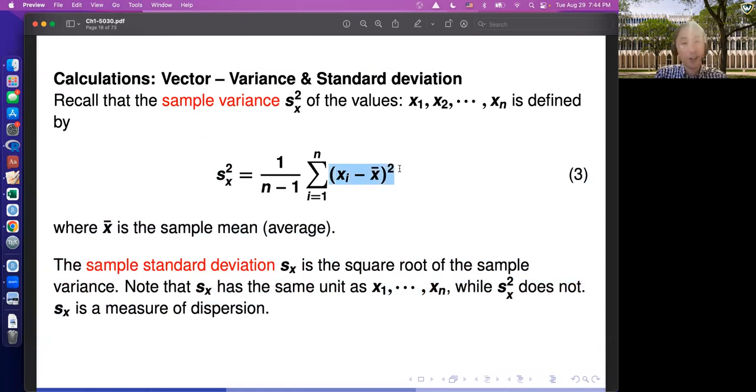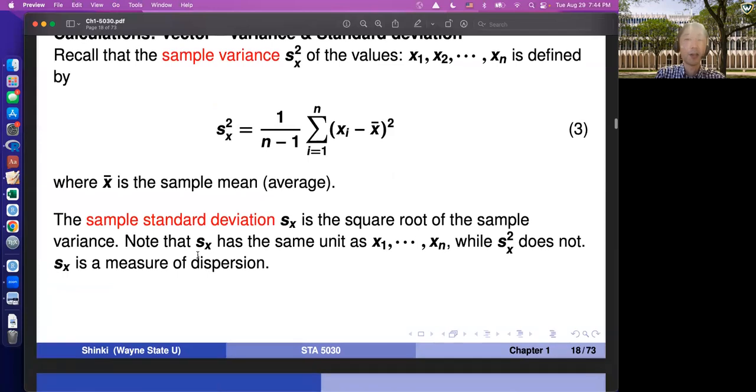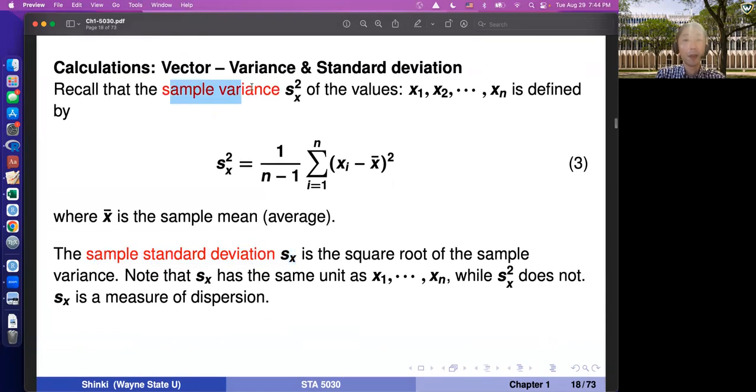We take the square here, right? So the unit for variance is the square of kilograms, but the square of kilograms does not make sense. If we take the square root, that is a more natural quantity. It has the same unit as x_i. That's why it's usually easier to interpret the sample standard deviation rather than the sample variance.